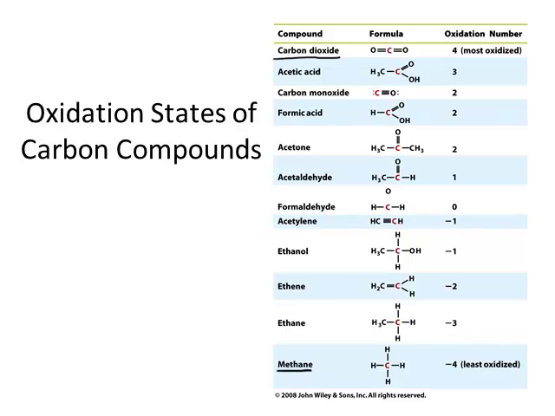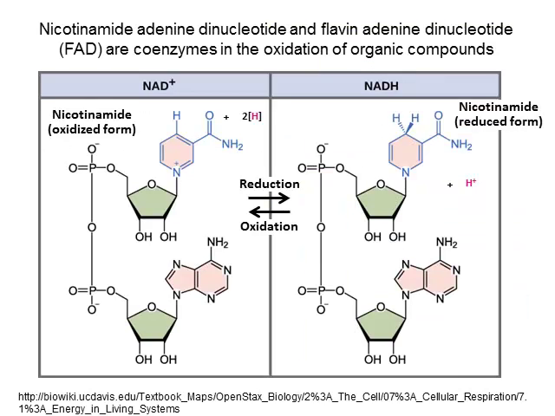Whenever an oxidation reaction takes place, there has to be a reduction reaction as well. If something's losing electrons or control over them, something else is gaining those electrons or control over them. At the key oxidation steps of cellular respiration, what gets reduced are coenzymes, namely nicotinamide adenine dinucleotide, or NAD, and flavin adenine dinucleotide, or FAD.